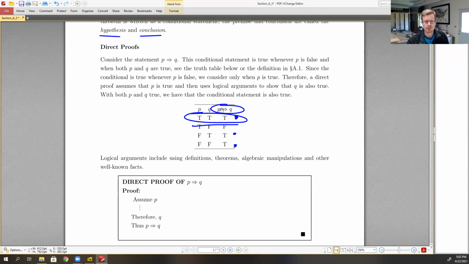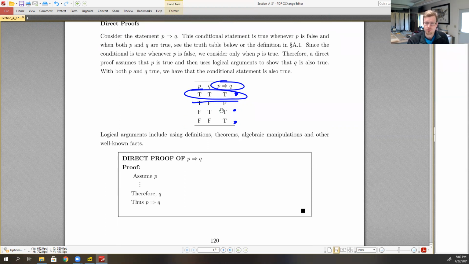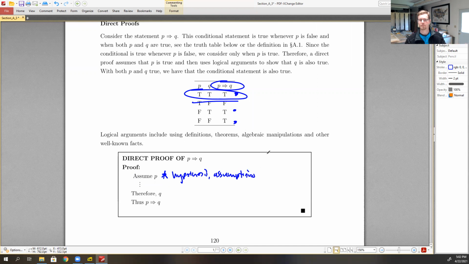So when we're looking at a direct proof, what we're interested in doing is assuming the if part. These are the hypotheses, these are the assumptions. So when we say P, we're taking a look at the hypothesis, or simply the assumptions of the theorem.